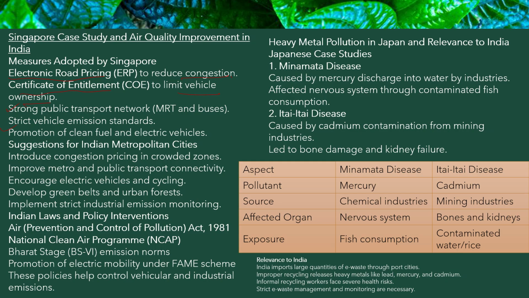Now the question is suggestions for your Indian cities. Introduce congestion pricing in crowded zones. Improve metro and public transport. Encourage the use of electric vehicles and cycling. Develop green belts and urban forests. Strict emission monitoring system.